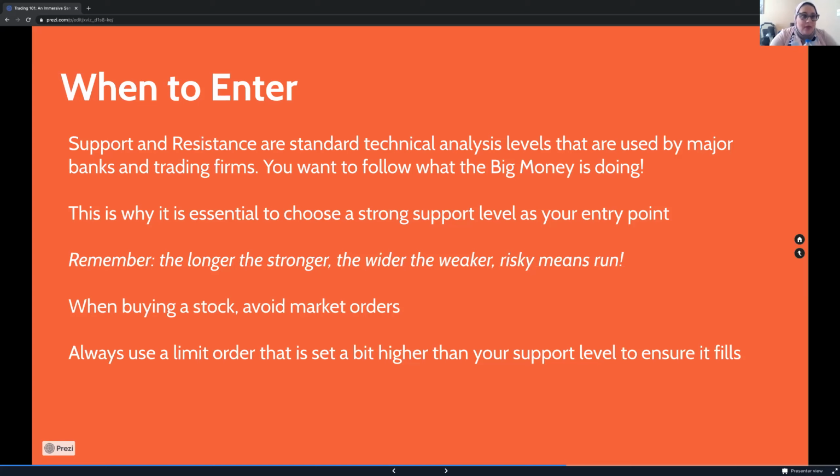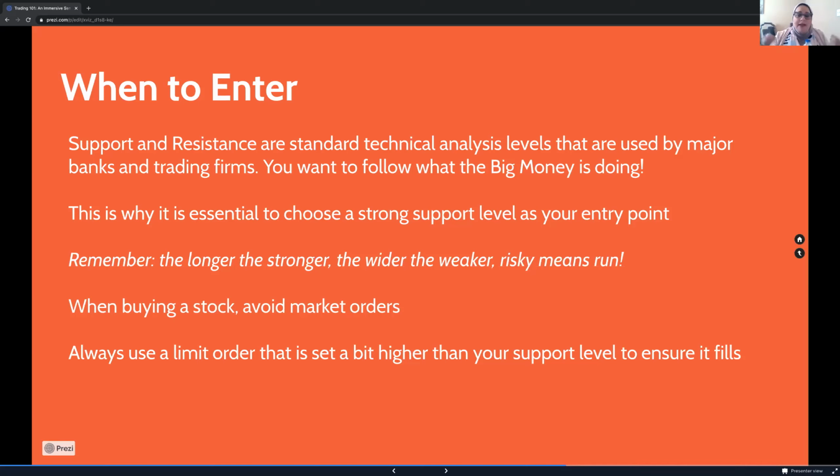I remember putting an order for Poshmark on Robinhood, and I did not use limit, I used market. By the time the order actually filled, I bought it like $7 a share higher than what I was trying to buy it at because I didn't use the limit feature, okay? And so that actually made a huge difference in terms of a profitable trade or a not profitable trade.